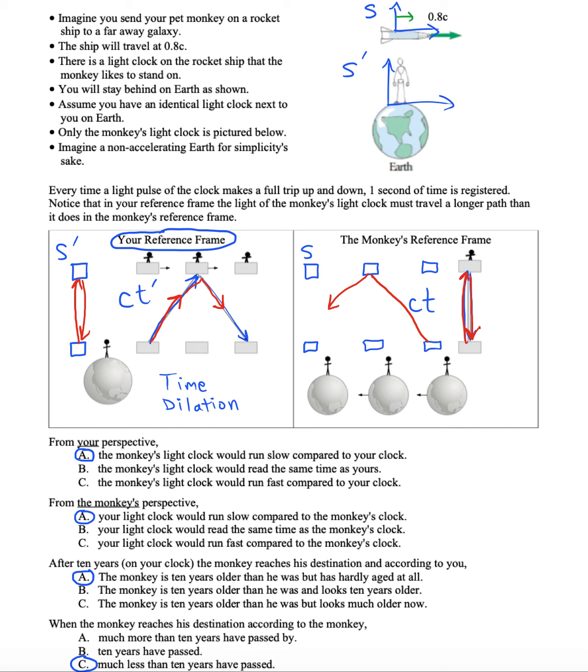And one other explanation for this is time dilation. So time is shortest when you're in your own reference frame. If we believe that the monkey reached his destination in 10 years, then we're measuring it actually longer than it really was in his frame. He's going to say that much less than 10 years have passed.